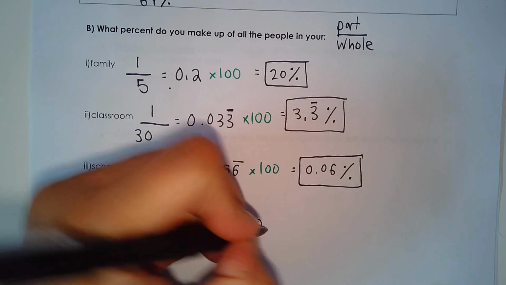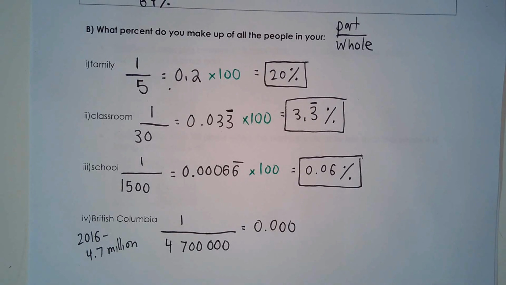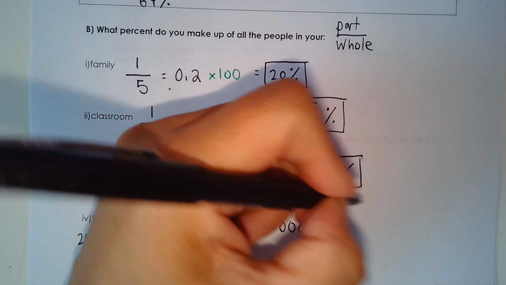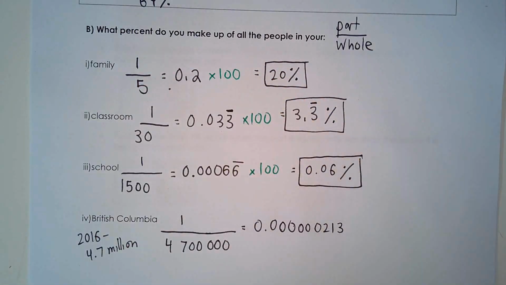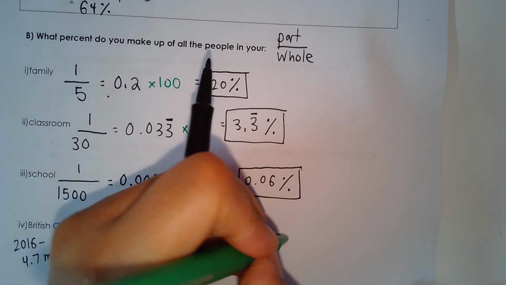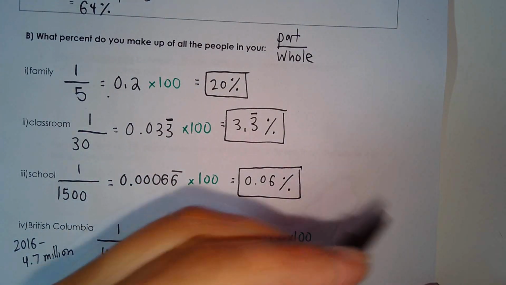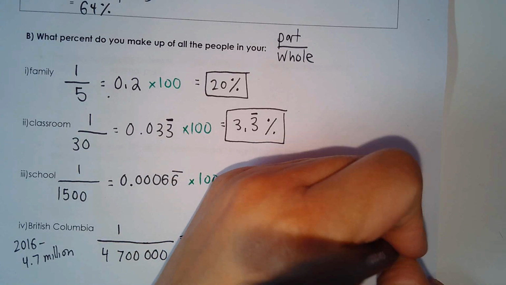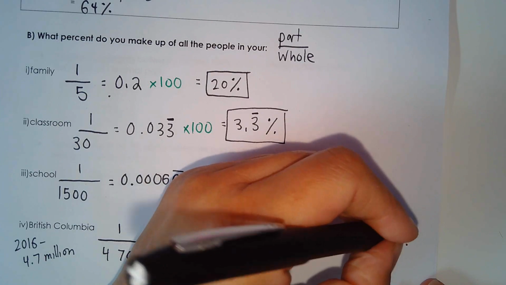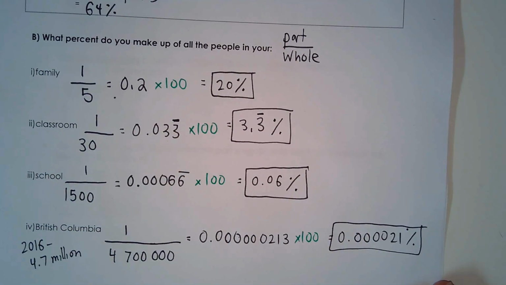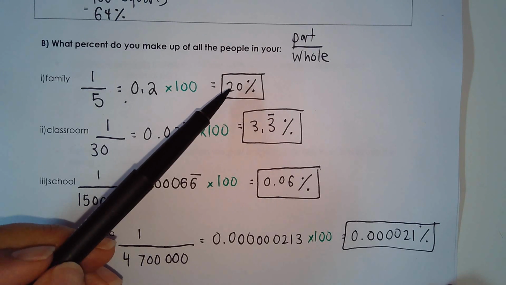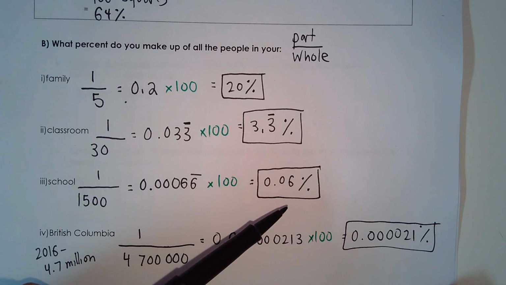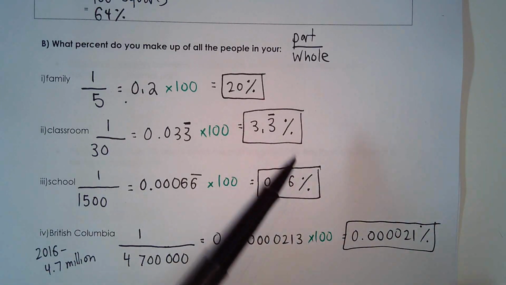I get a very, very small number, 6 zeros and then 213. And then to turn that into a percentage, same thing, multiply it by 100. So 0.000021% of British Columbia. Okay, so we notice we're making up a smaller and smaller percentage as we're getting into a bigger and bigger population.